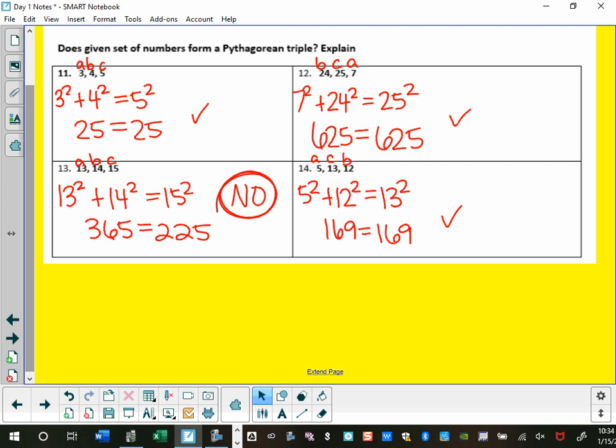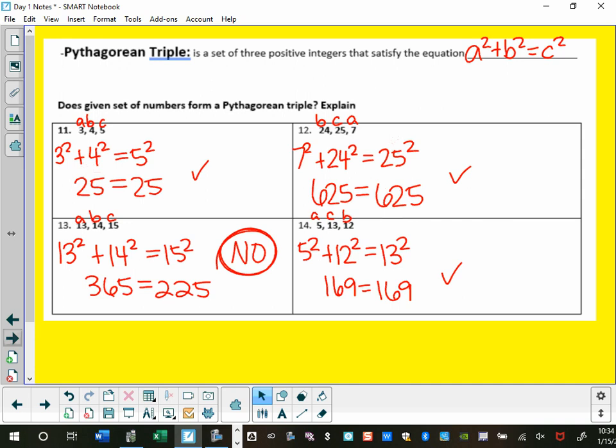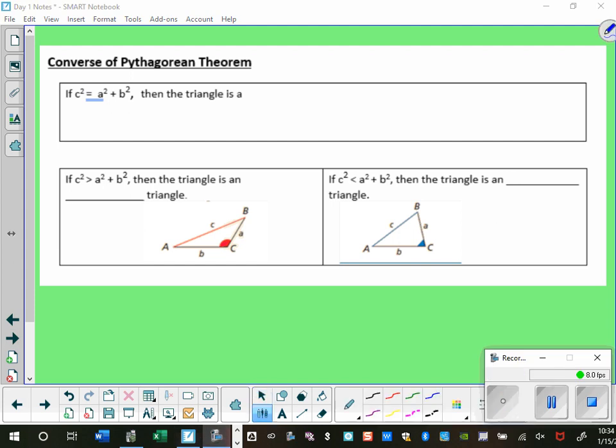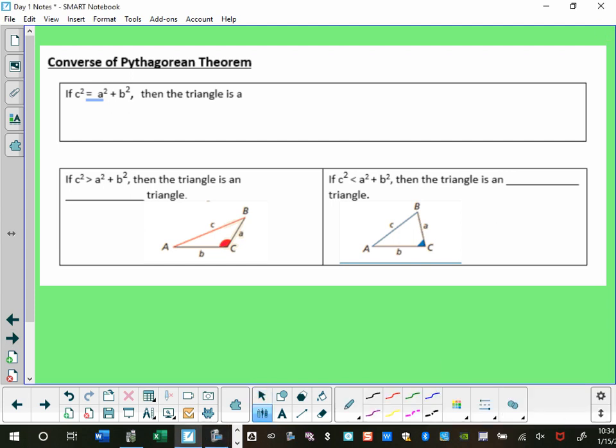Okay, we have one last portion of this, and it is the converse of the Pythagorean theorem. In the converse of the Pythagorean theorem, if c squared equals a squared plus b squared, then the triangle is a right triangle.